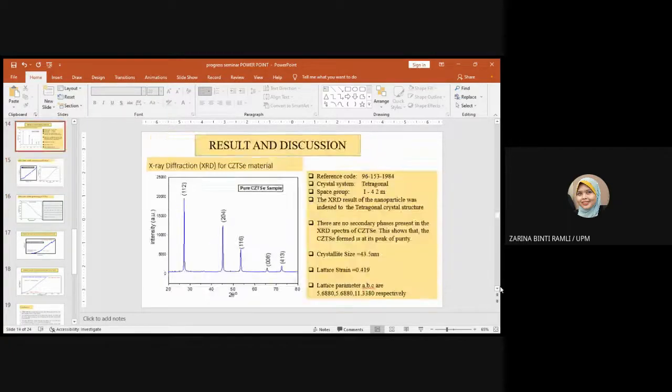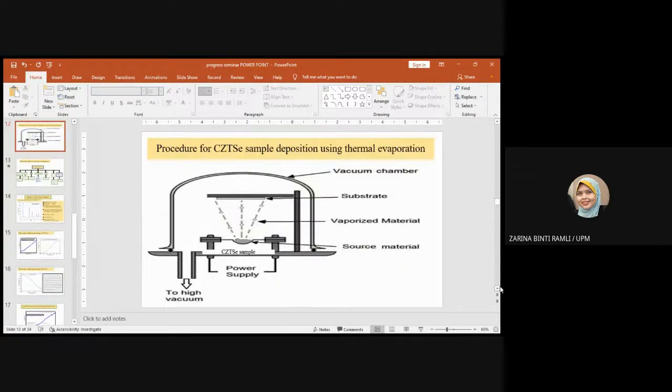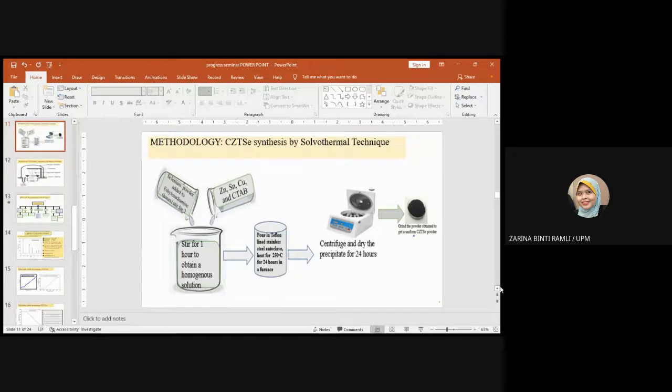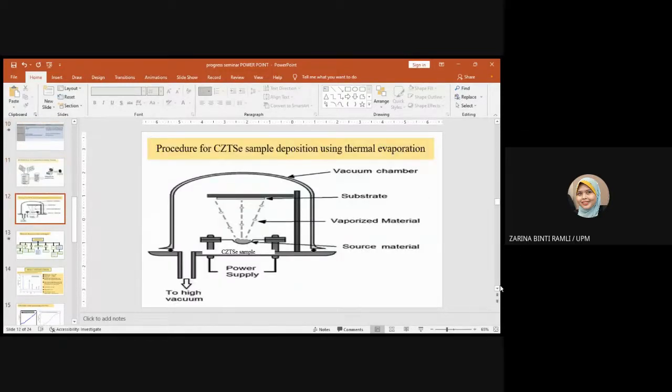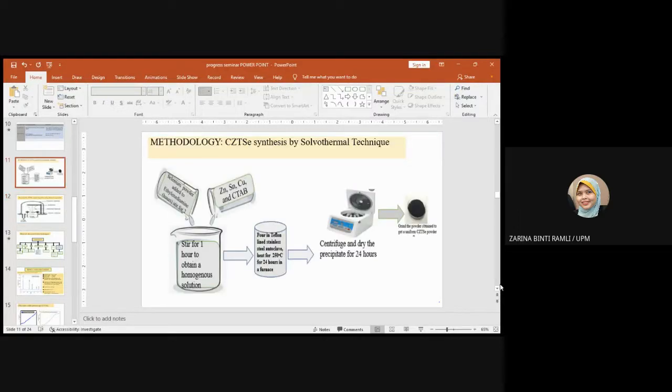You show that you stir for 1 hour to obtain a homogeneous solution. For the method of stirring, do you stir manually or use a machine?